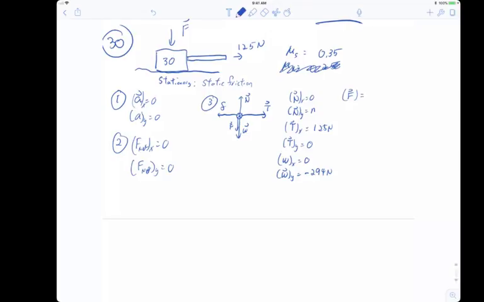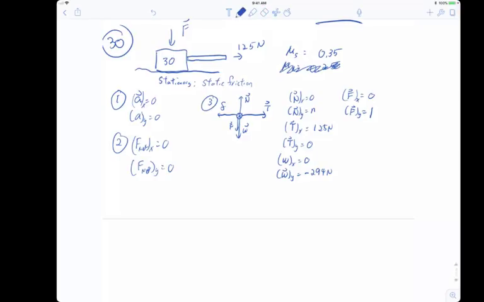The force, I don't know how big that is. So the force in the x direction is 0. The force in the y direction is, I don't know how big this is. I will write it as capital F, push. Well, I don't just call it P for push, because I'm pushing it down. Sure.